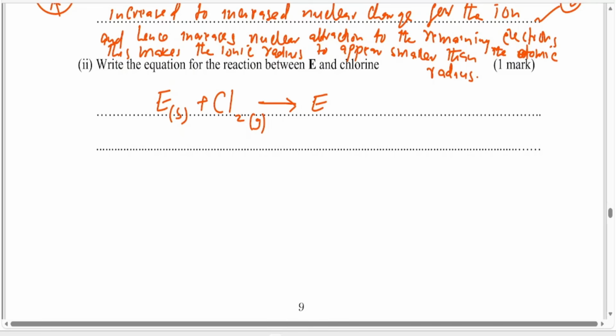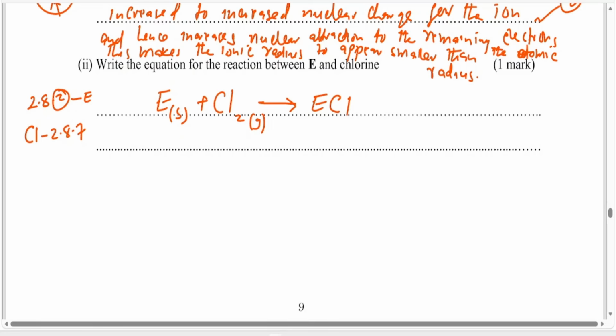Learners, when you're writing the formula, first write the elements. So I write E and Cl. After writing E and Cl, because that is supposed to be the product, I look at the valence of E. The valence of E is 2, because it loses 2, and the valence of chlorine is 1, because it gains 1.